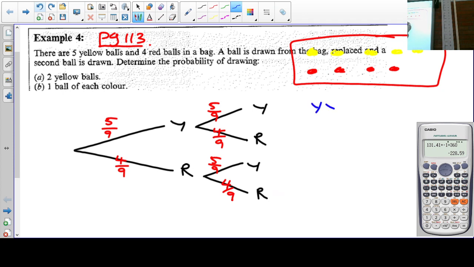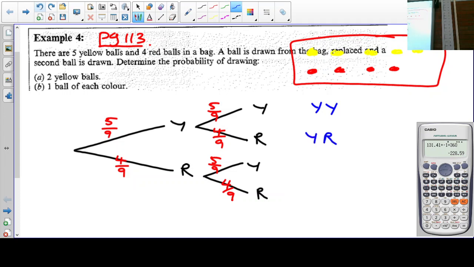These are your options. What's the next option it could have been? Yellow and red. It's yellow and yellow, yellow and red.